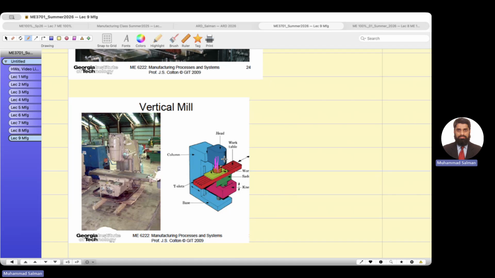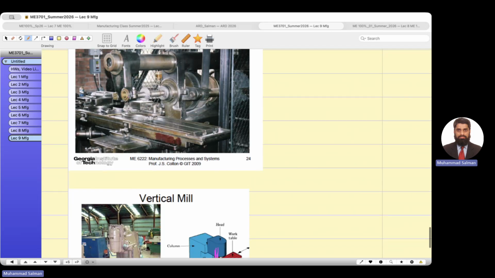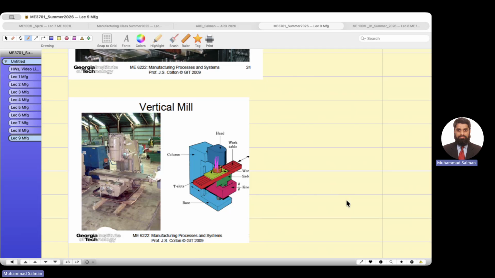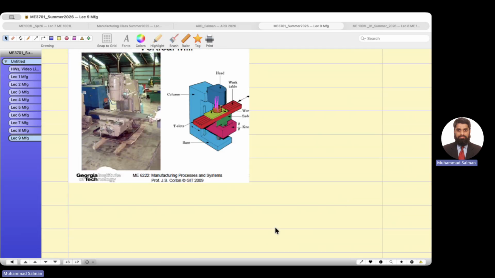This is a vertical axis here. You can see this axis is a horizontal axis, and this is a vertical axis. So when you buy a machine tool, you have to see what type of operations you are going to require, whether you need a vertical milling machine or a horizontal milling machine.